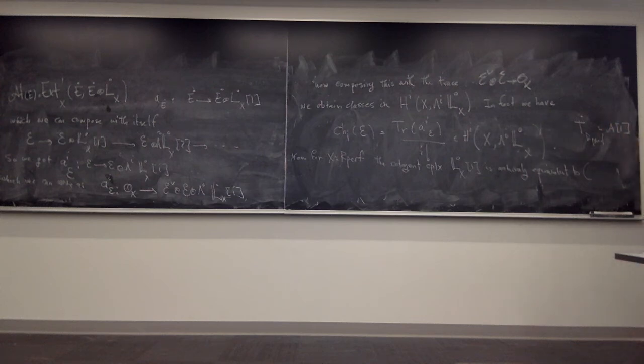So the cotangent complex is the dual. And A was E dual times E, the morphism algebra.